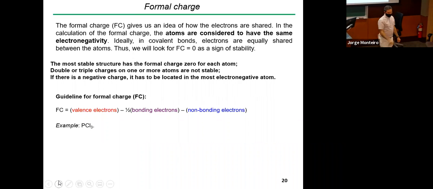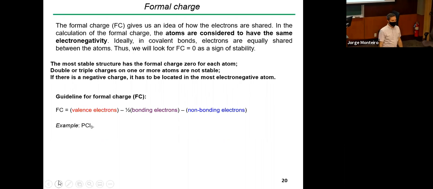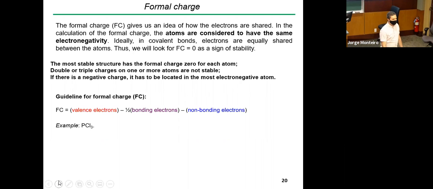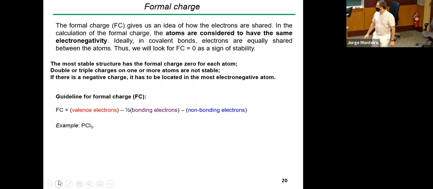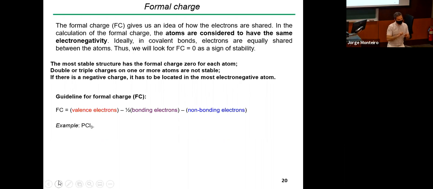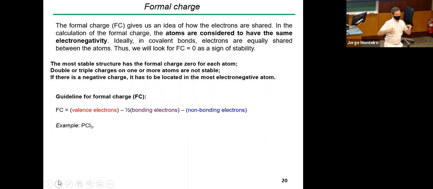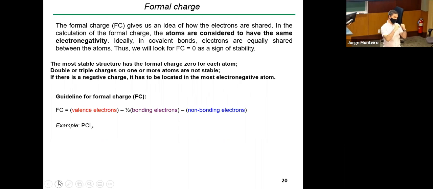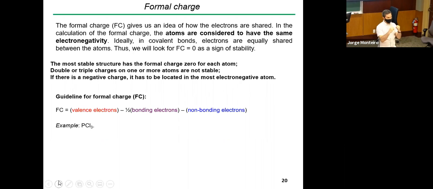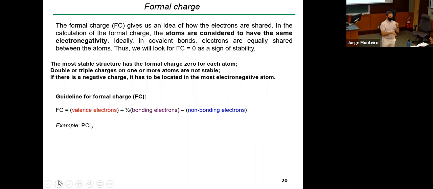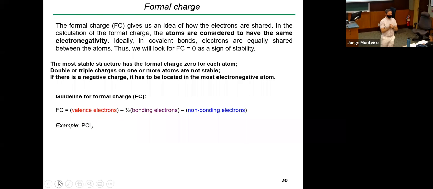Is there a reason why you do that 1/2 of all the electrons with their pairs rather than just counting the number of bonds? Yes, absolutely. Because when you have covalent bonding, you are sharing the electrons, right? So a bond has to have 2 electrons. If you are sharing them, you just get half. I understand that, but you're always saying half twice.